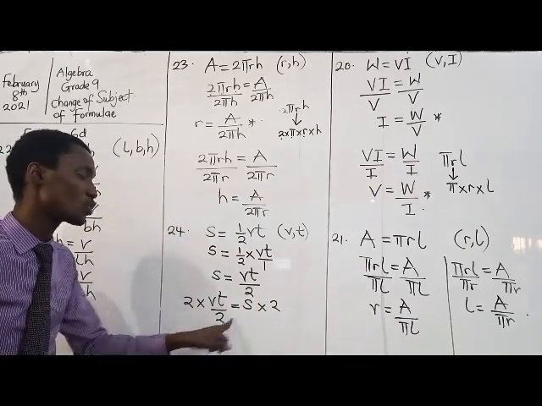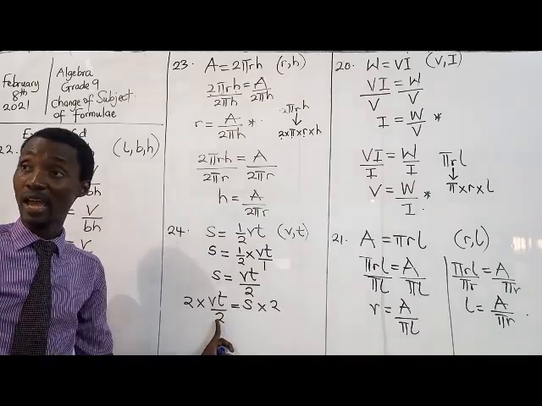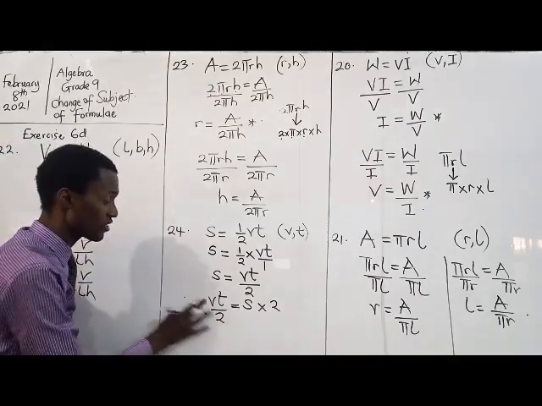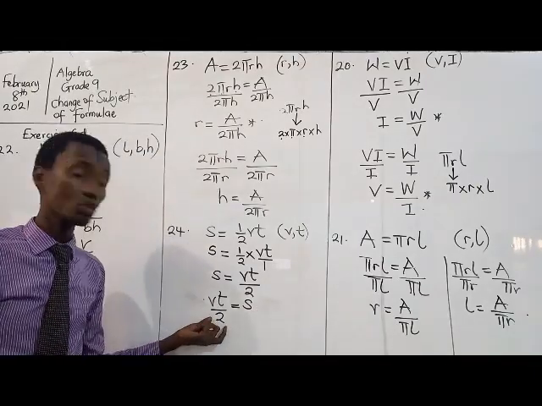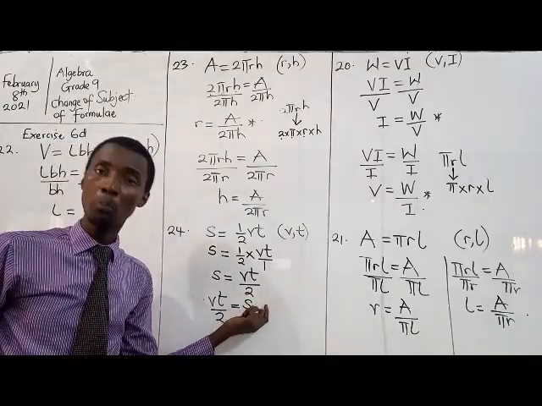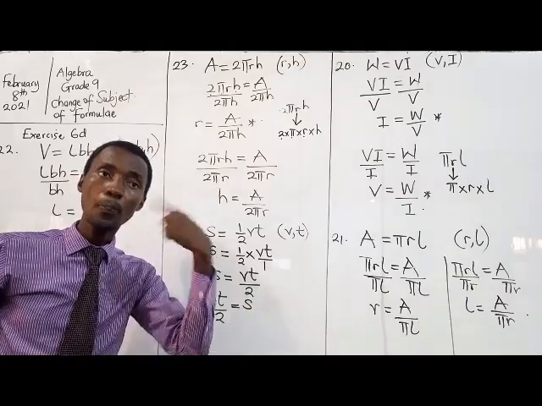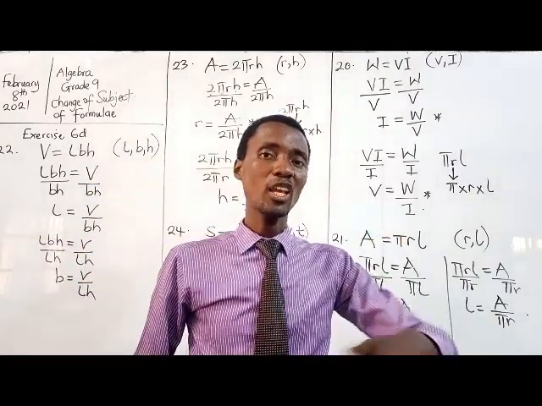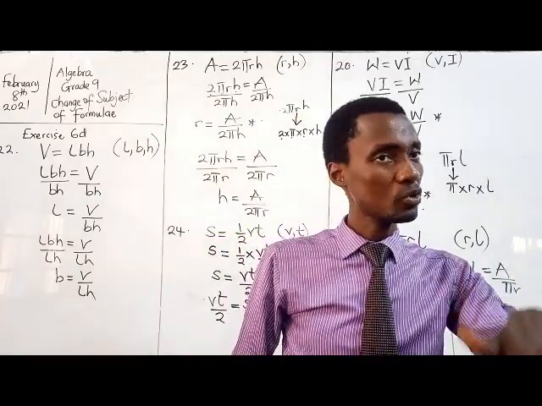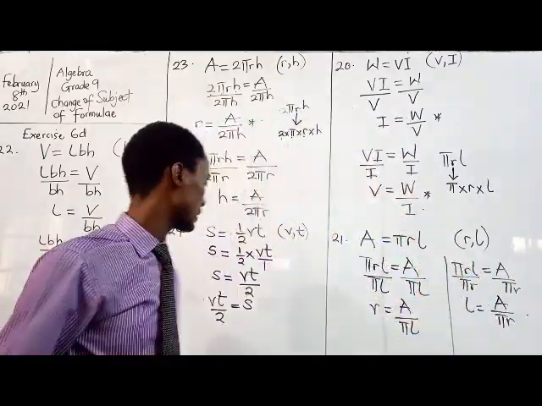Because you want to clear the 2 from the denominator side. Some rather fast students might decide to say, this is dividing here, so what would it do here? It will multiply, because the opposite of multiplication is division, and the opposite of addition is subtraction. You mustn't forget that.